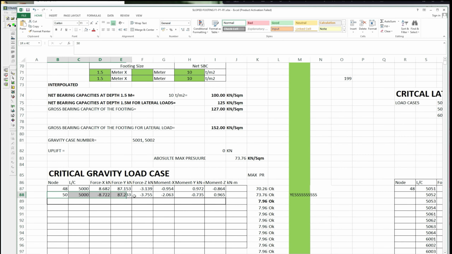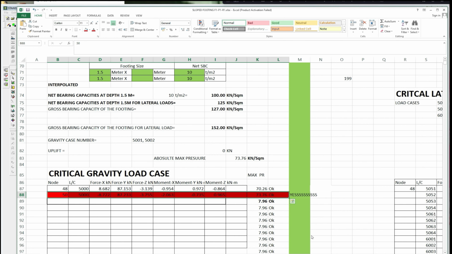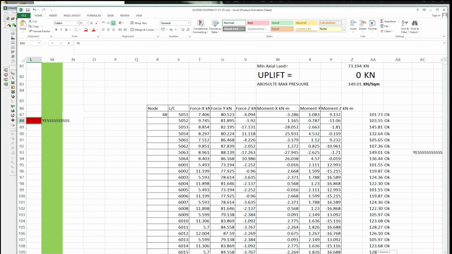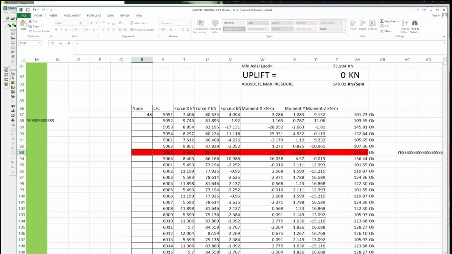Now our critical load case is this. So let us mark it red, and then in lateral load cases our critical load is this. Let us mark it red. This is 48.